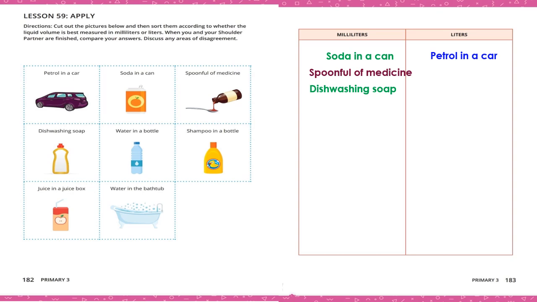Number 5, water in a bottle. Small or big amount? Yes, it's a small amount, so we will use milliliters. Shampoo in a bottle. Big or small amount? Yes, it's small, so we will use milliliters.